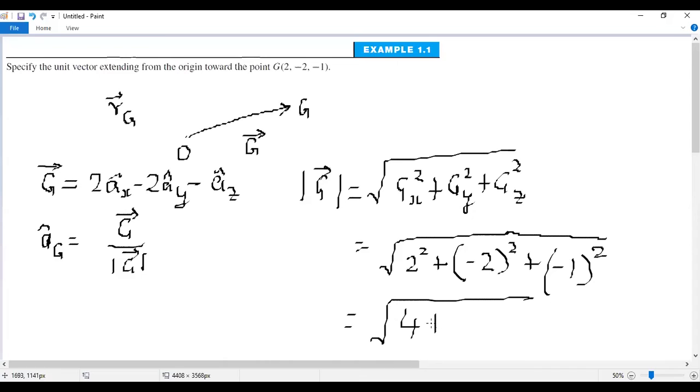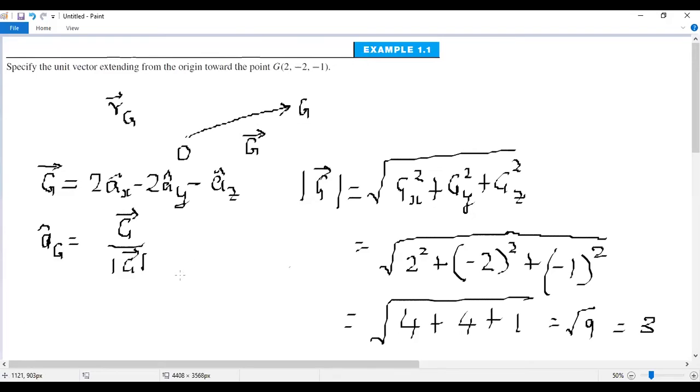Minus 2 square is 4. Plus 1 square is 1. So 4 plus 4 plus 1 is 9. So square root of 9 is equal to 3. That means the magnitude of the vector G is 3. So what this actually means is this point G is 3 units from the origin. Okay, if you take only the magnitude, it is 3 units from the origin.